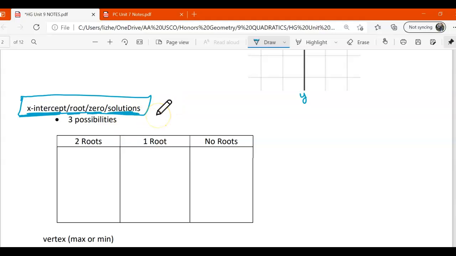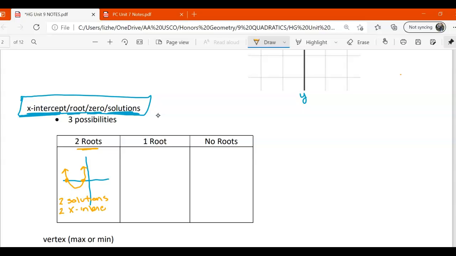So, let me show you on this little chart. You have 3 options for a parabola. So one option is you could have 2 roots or 2 solutions. That would be something like this. If I had my graph, and let's say this is my parabola, we'll put it over here to the side. It's opening up. And look at it, it crosses my x-axis 2 times. So that means I have 2 solutions, or 2 roots, or 2 x-intercepts.